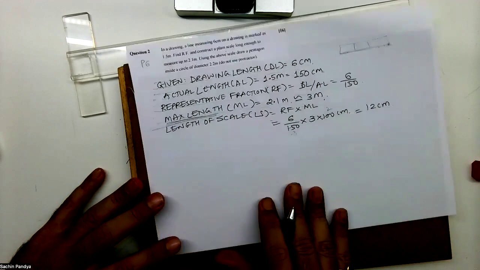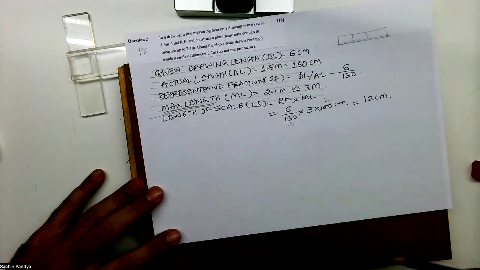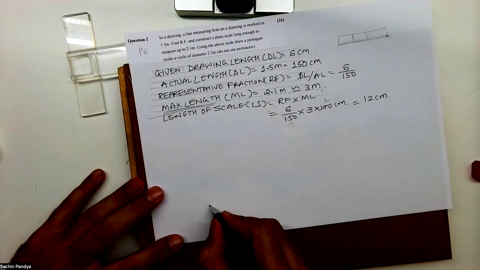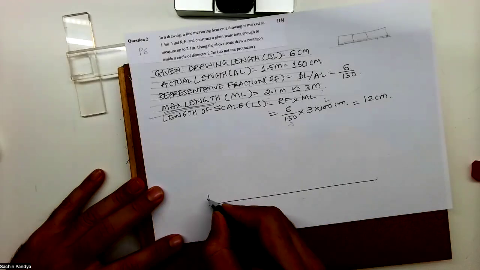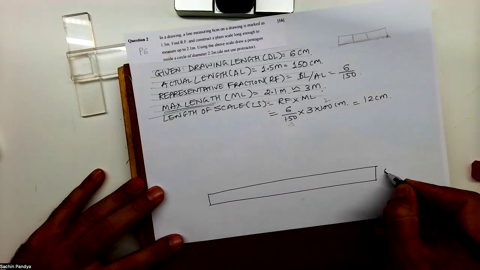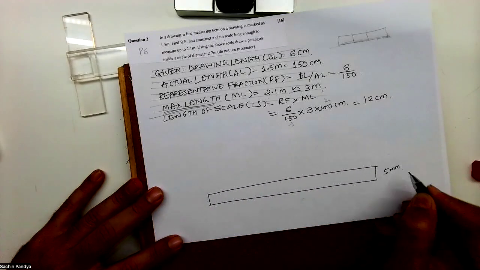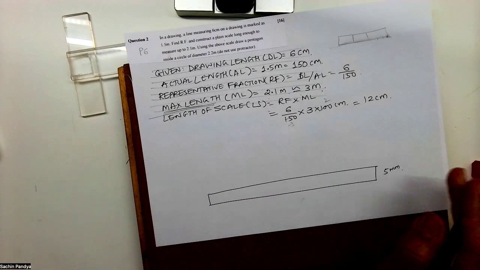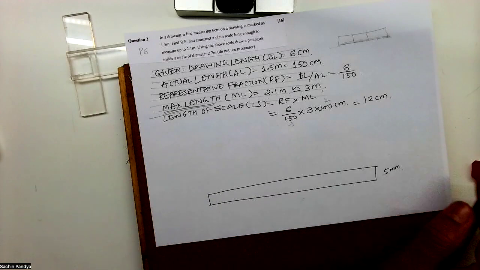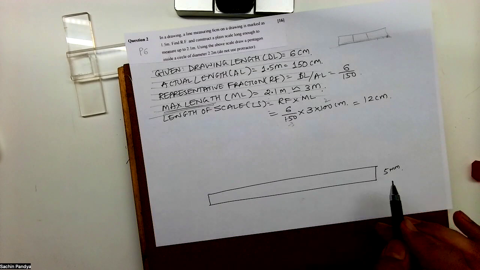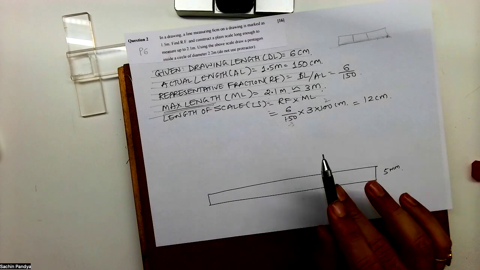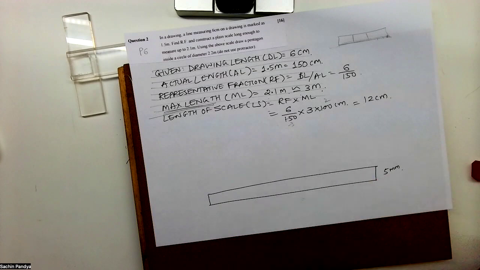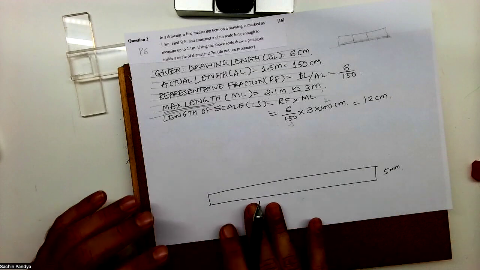I'll get 12 centimeter. So what I will do, I will draw 12 centimeter long line. I will take height how much? 5 millimeter. As I said, you can take 6, 7, 8, 9, 10, 15, whatever you want to take. So why I'm taking 5? Because in diagonal I'm taking 50. So in plane I'm taking 5. So it's easier for me to remember.